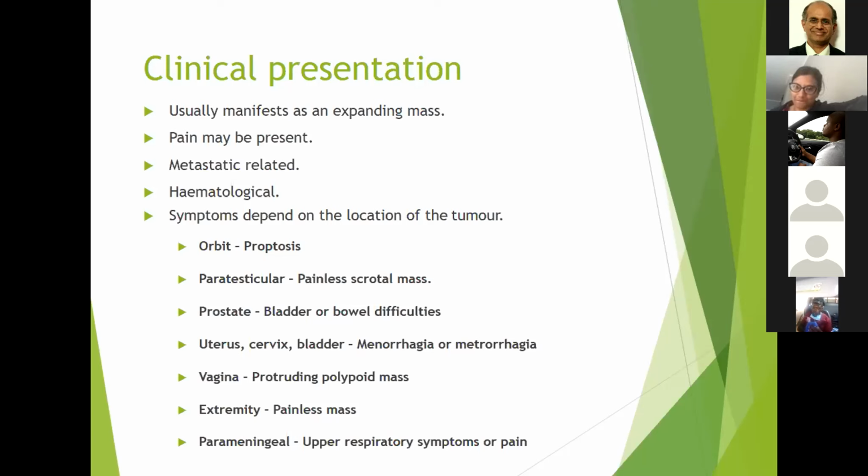In the extremities, they can present with a painless mass, or sometimes you can have some pain. With parameningeal, they mostly affect your sinuses, so you present mostly with upper respiratory symptoms. They can also present with rhinitis, and that will point you towards the sinuses, the parameningeal.